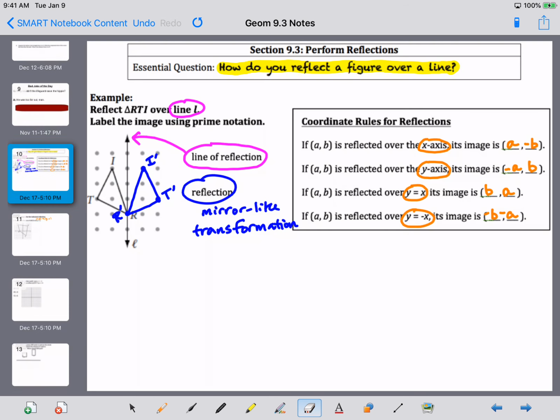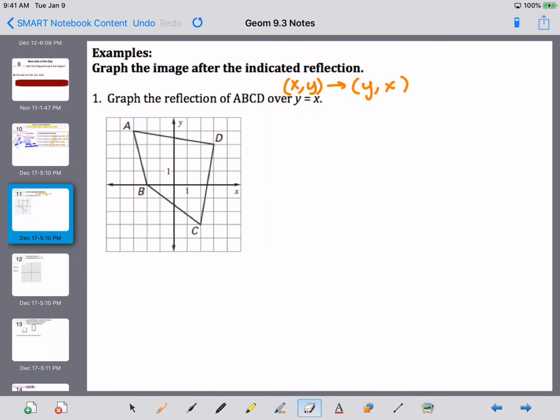What I always recommend doing is just writing down where your points are. So A is at negative 3 comma 4. B is at negative 2 comma 0. C is at 2 comma negative 3. And D is at 3 comma 3.